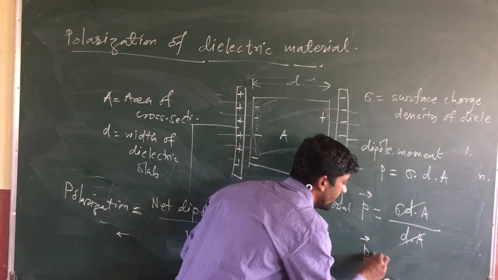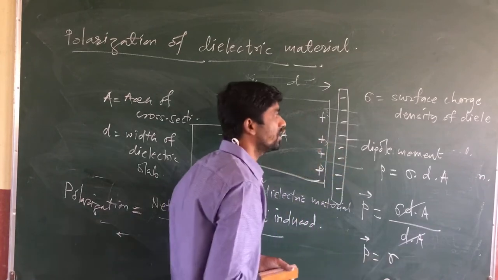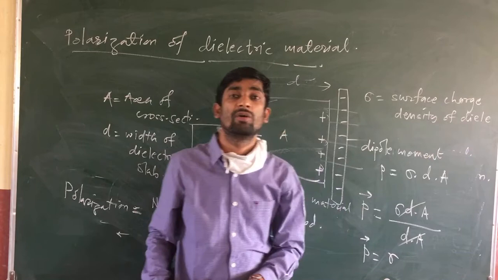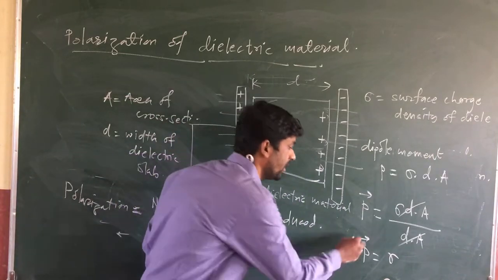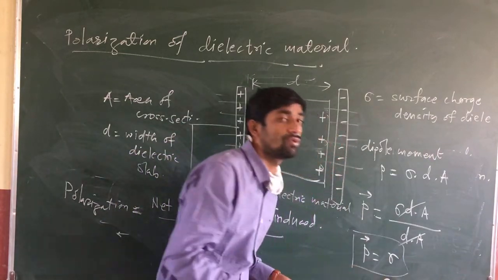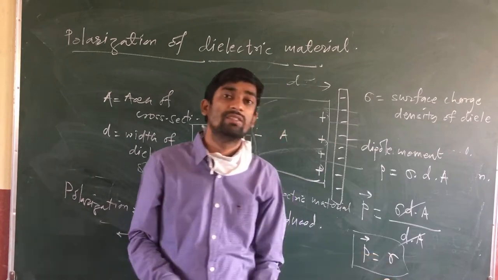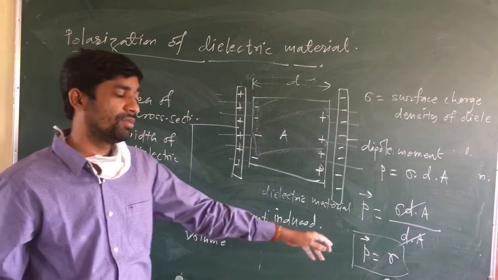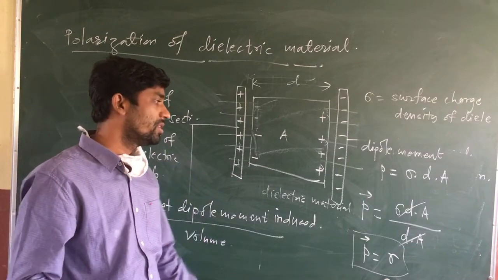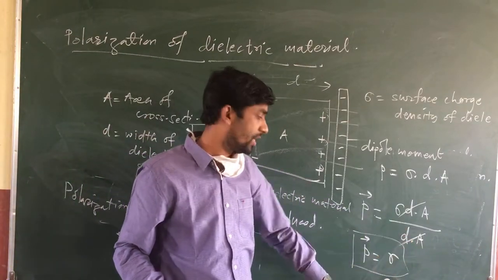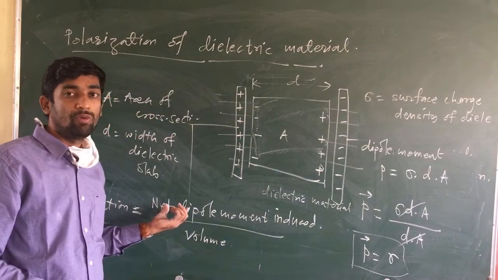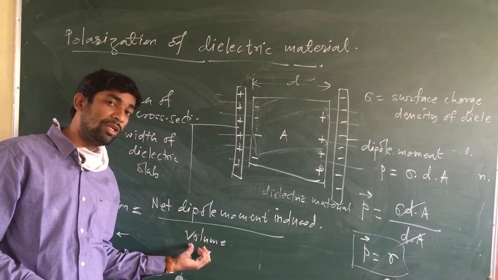So the polarization vector is equal to sigma, the surface charge density of the dielectric material, per unit volume. So you can say that the polarization vector is the dipole moment induced per unit volume.